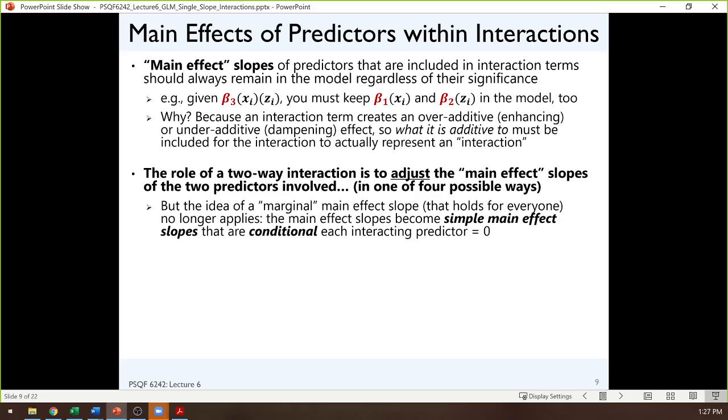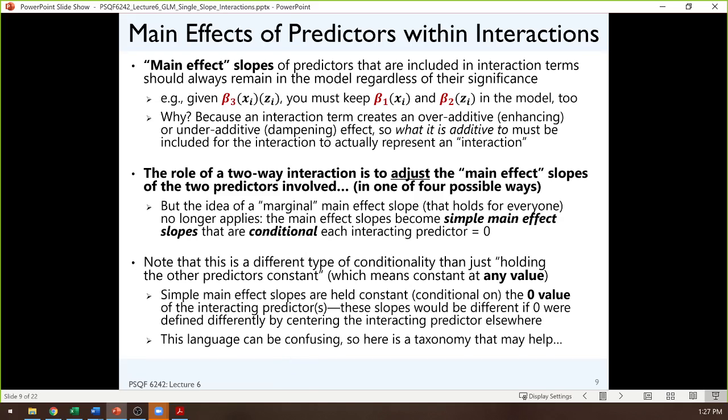So there is a conditionality there that cannot be ignored in order to interpret these things properly. And this is confusing because it sounds a lot like a unique effect when you're holding something constant, but this is a higher level of specificity than just holding something constant.